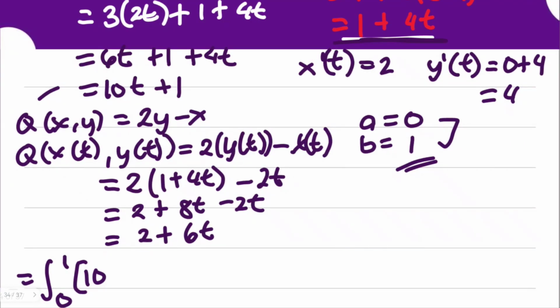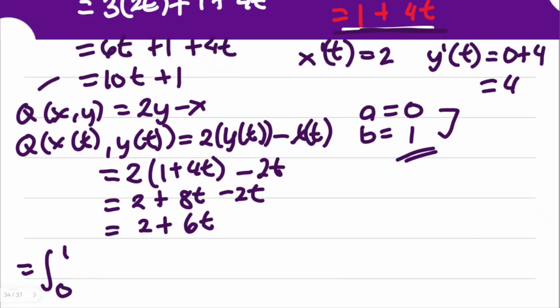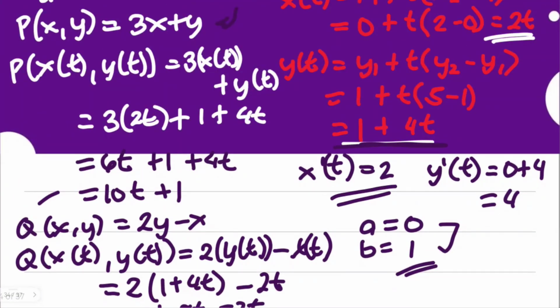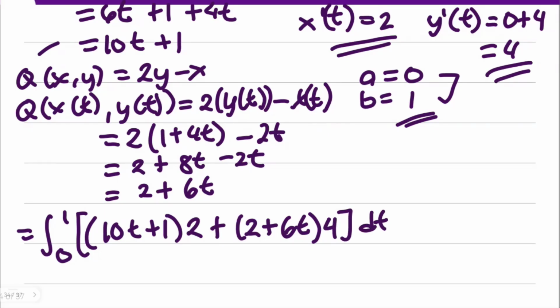Let me write here parentheses because this would be under the same expression. So again, bracket here, you have 10t plus 1 times the derivative of your x of t, which is 2, plus your Q, 2 plus 6t, times the derivative of your y of t, which is 4, with respect to dt here.